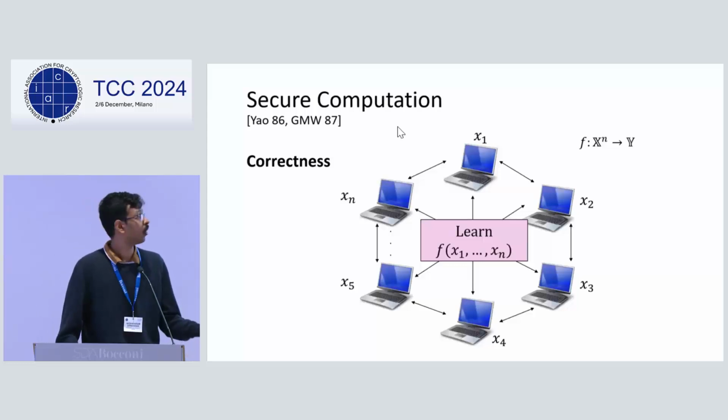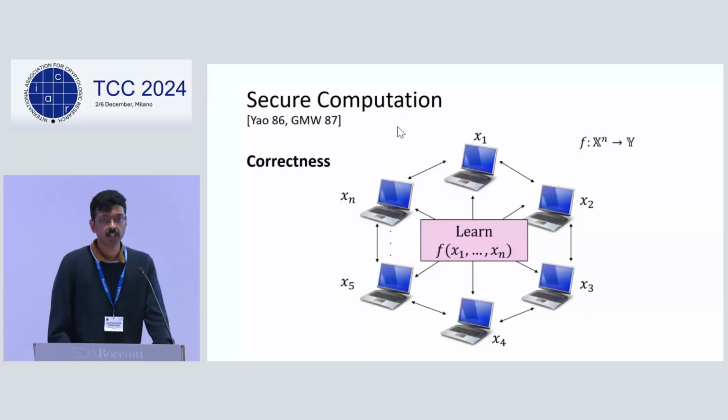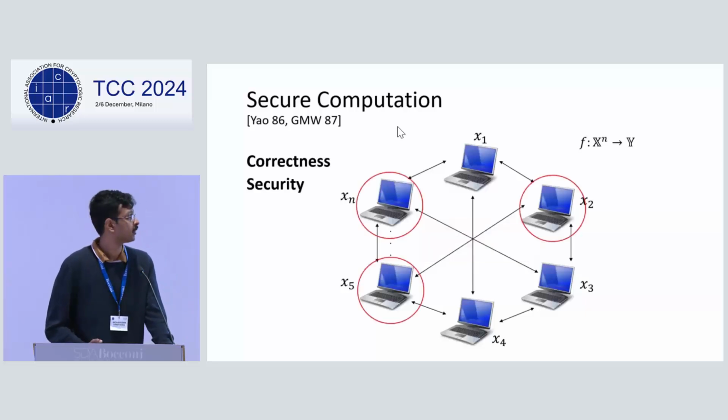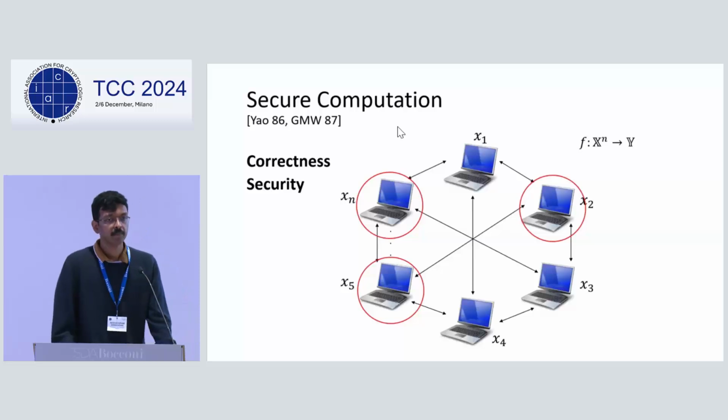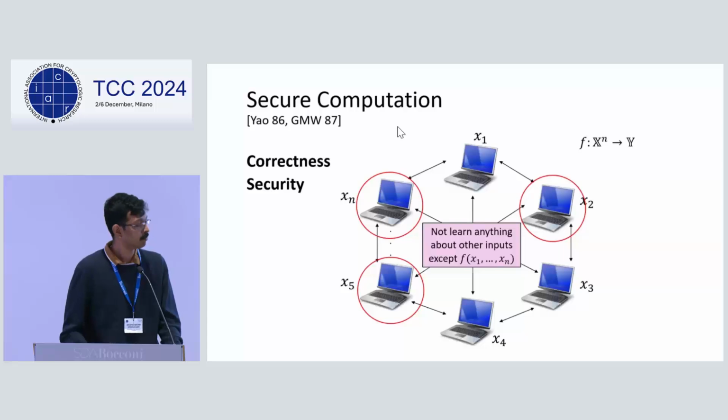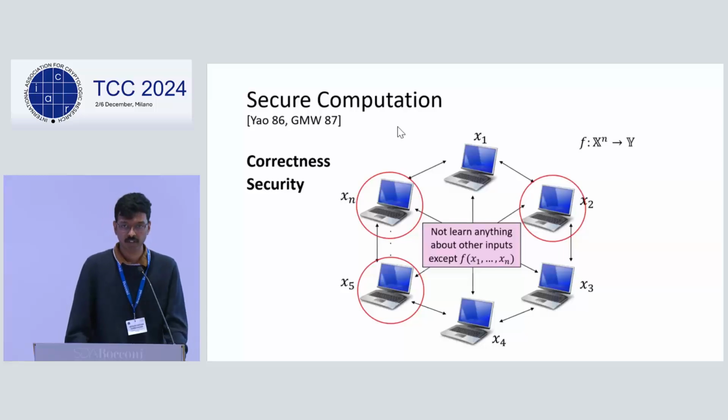This is the completeness or the correctness requirement. The second property we require this protocol to satisfy is the security property, which states that even if an arbitrary subset of the parties get corrupted, these corrupted parties cannot learn anything about the honest parties' inputs except the output of the function.